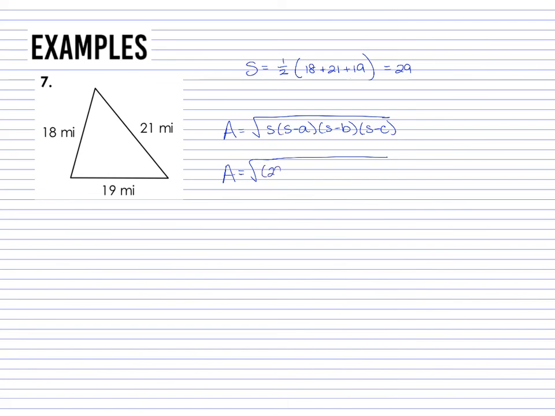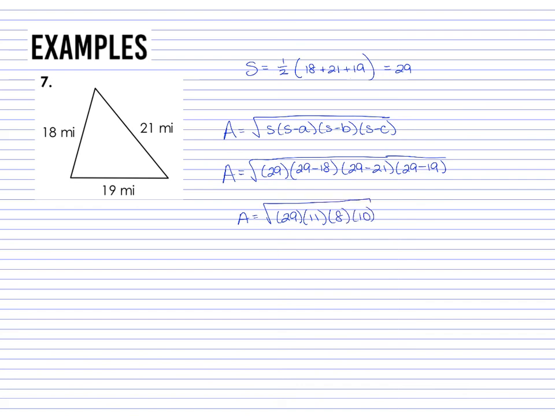So it's going to give me 29 out front for the first S times 29 minus 18 times 29 minus 21 times 29 minus 19. So area is equal to the square root of 29 times 11 times 8 times 10.